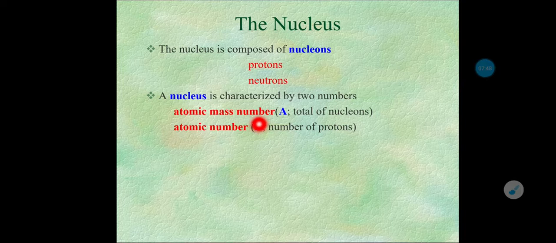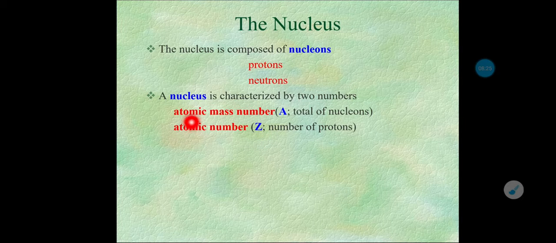The first is the atomic mass number, represented by A. Atomic mass number is the total number of nucleons, that is, the total number of protons plus the total number of neutrons. The second number that characterizes the atom is the atomic number, represented as Z.